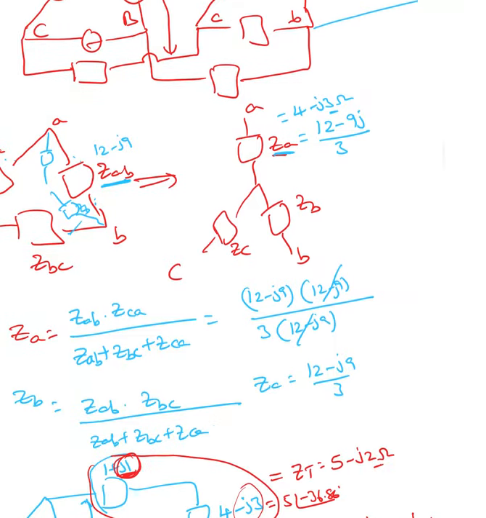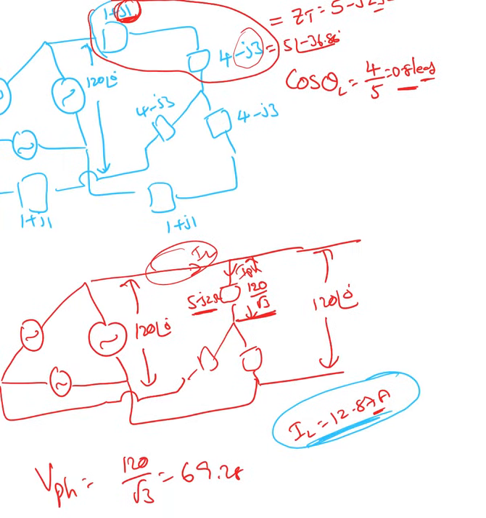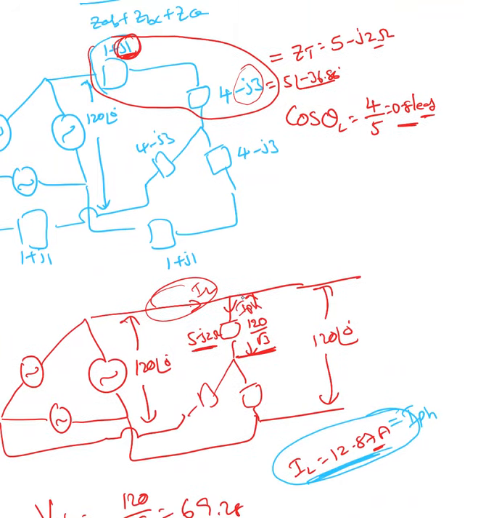Why did I choose this 12.87 as a line current? Here the line current is the same as the phase current, right? Why shouldn't I say it's the phase current? I cannot do that because the phase current here is for a Y connection.